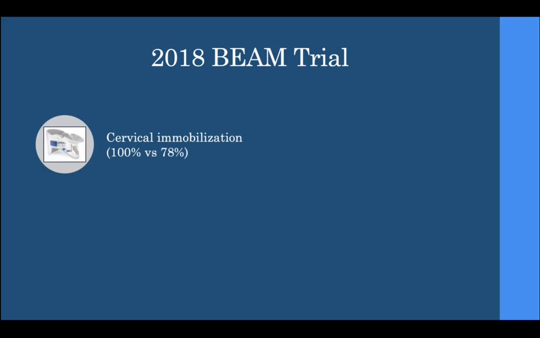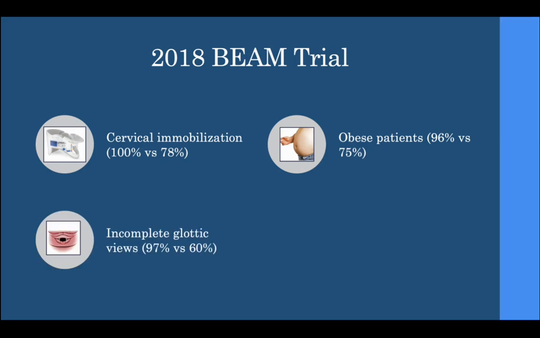So for people who aren't sold on using the bougie for everyone, let's talk about a breakdown of patients where there was a really big difference. Anyone in cervical spine immobilization, in this study, had 100% first pass success versus almost 80%, 78%. Obese patients, 96% versus 75%.